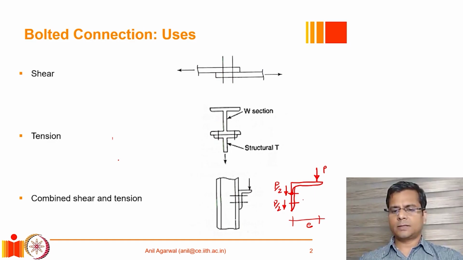Because of this eccentricity, some kind of a heel or pivoting point will form somewhere near the bottom edge of this angle, and the individual bolts will be subjected to a tension force demand, which you can assume to be linearly varying, pivoted around the point of pivot.